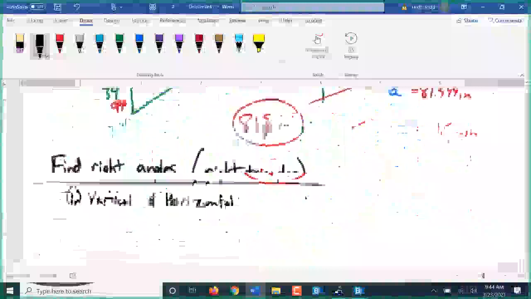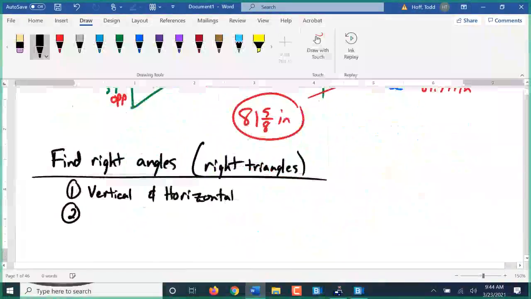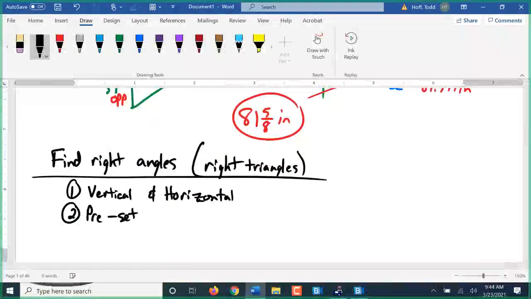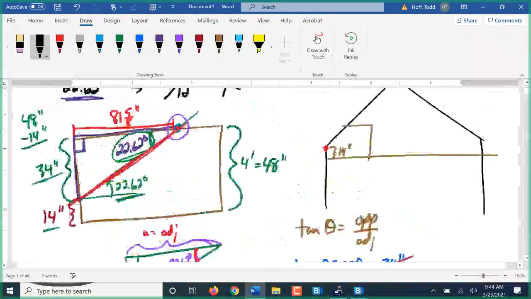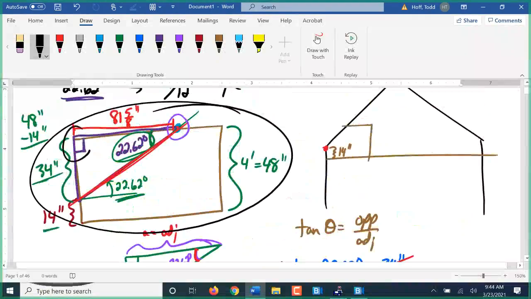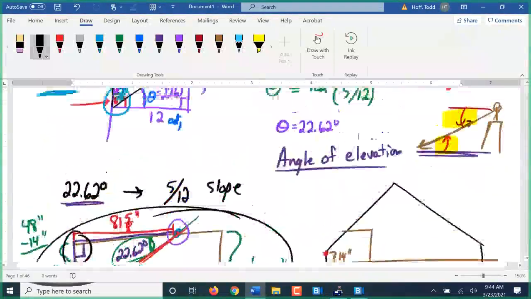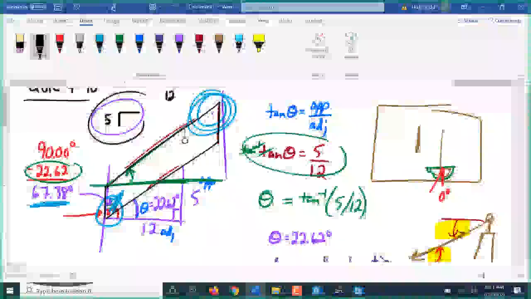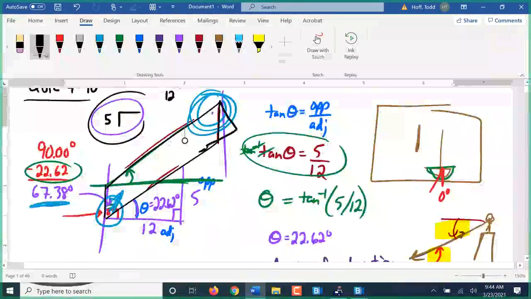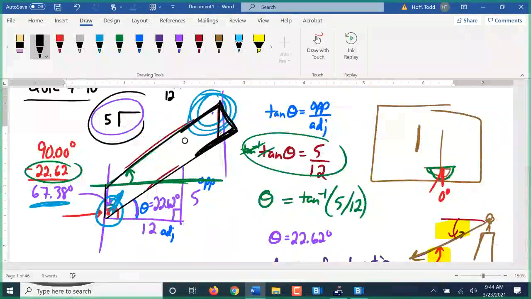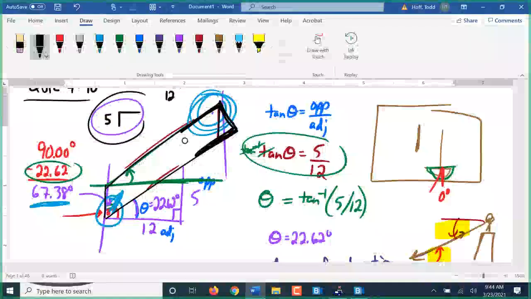We also have preset angles. Like here, we know that a piece of sheeting, that the corners are right angles because that's the way it's manufactured. Or up here, we know that before we cut this, the end of that board was a right angle because that's how it's created.